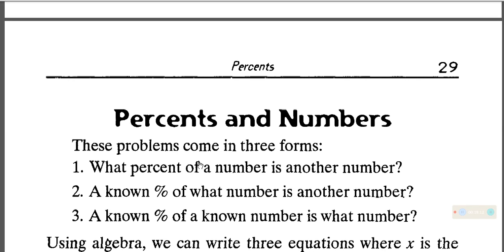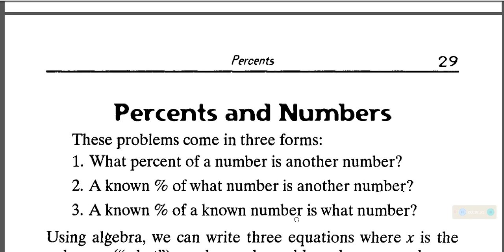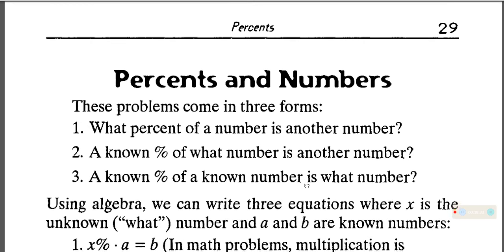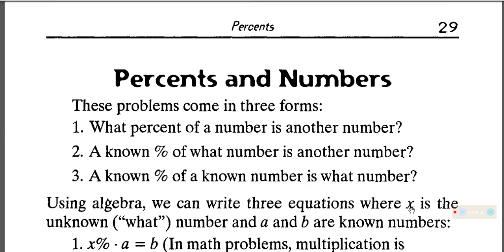Okay, now let's go to percents and numbers. So these problems come in 3 formats. So what percent of a number is another number? Again, pag sinabi nating of, ang ating operation ay multiplication. Right? Next, a known percent of what number is another number?